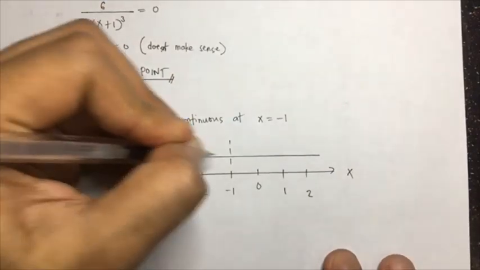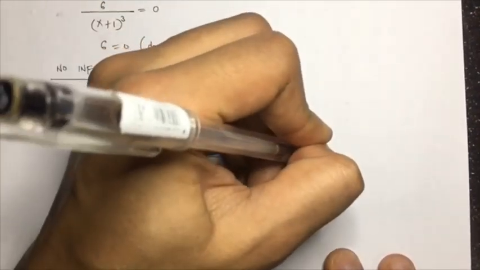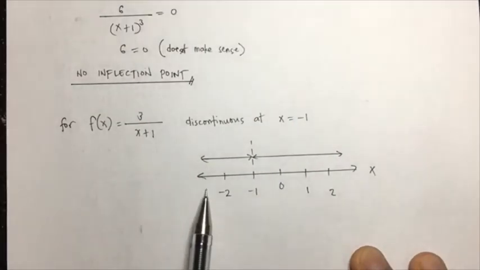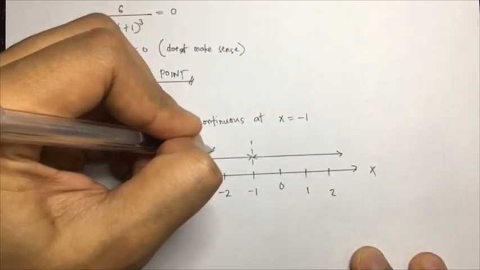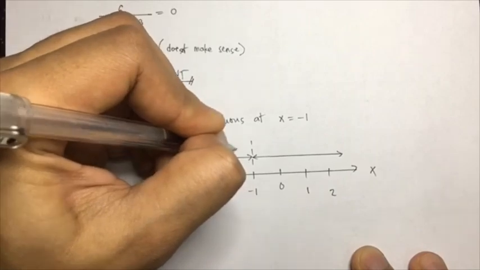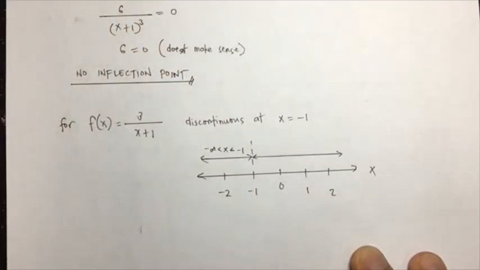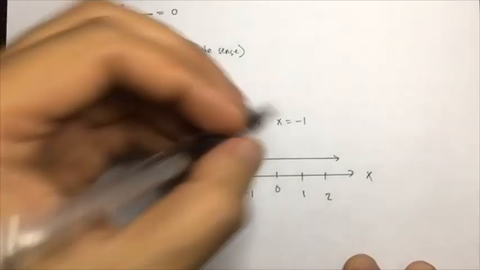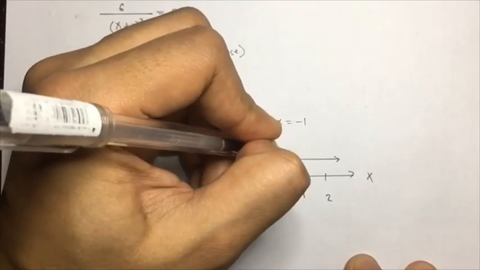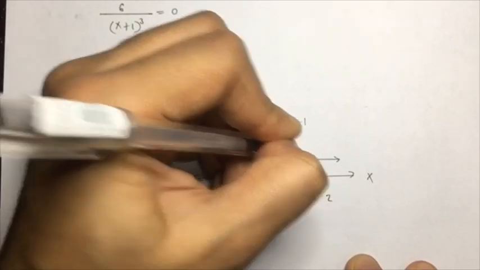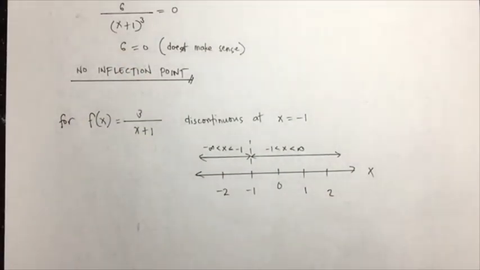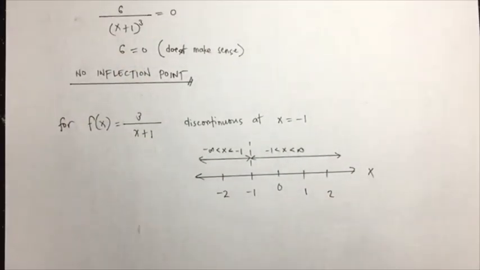Therefore we have two intervals. The first interval is from negative infinity to negative 1, so negative infinity is less than x is less than negative 1. And here, negative 1 is less than x is less than positive infinity. Those are our two intervals.